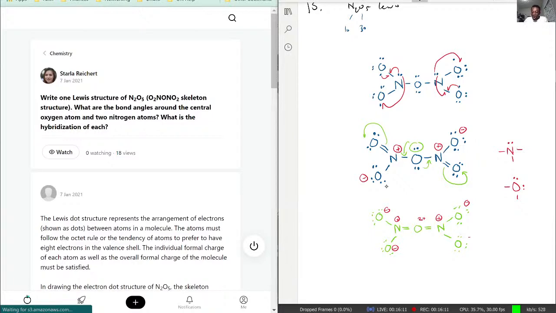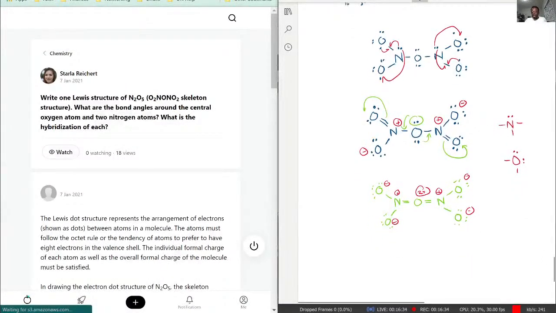Now you're probably wondering why I went ahead to draw this structure. This is a possible resonance structure. Not very stable, but nonetheless very positive. And the reason why I drew this is because this emphasizes actually what's happened to the oxygen. The central oxygen atom and the two nitrogen atoms, because I was able to draw like this, we could actually say that it's almost mimicking a linear bond between the oxygen and nitrogens.